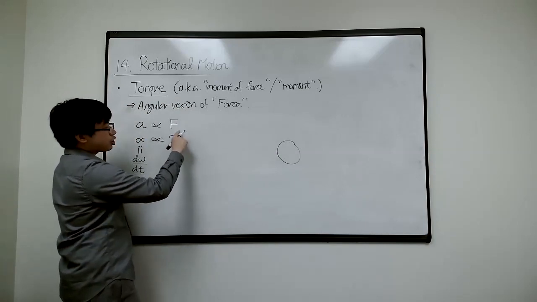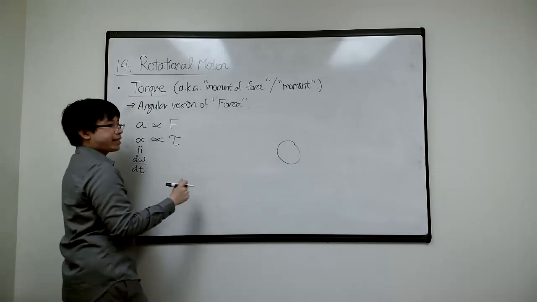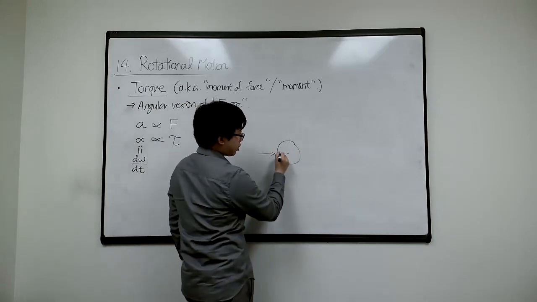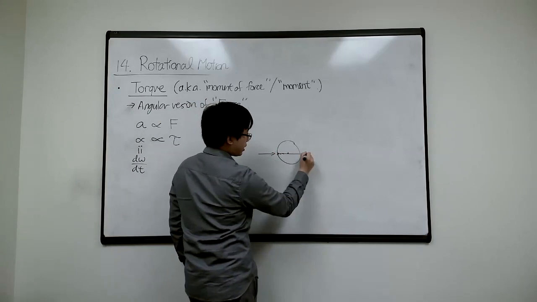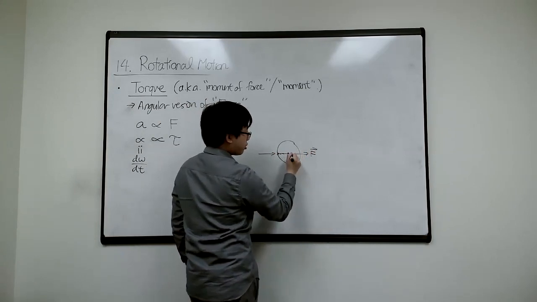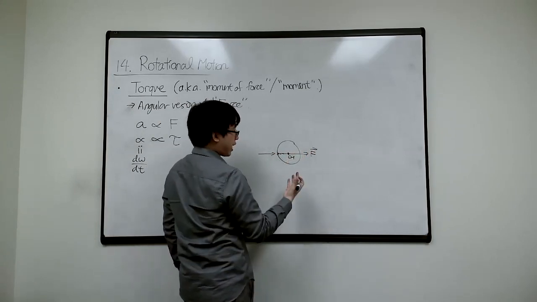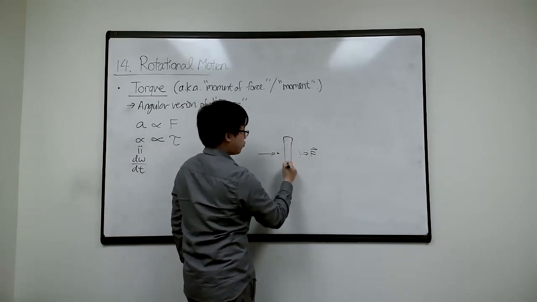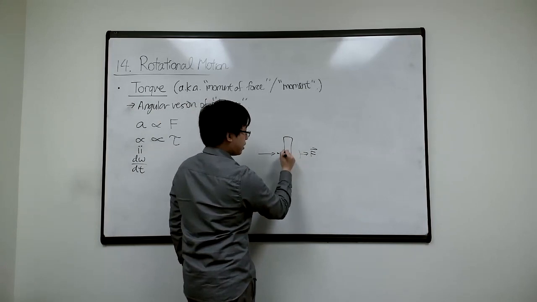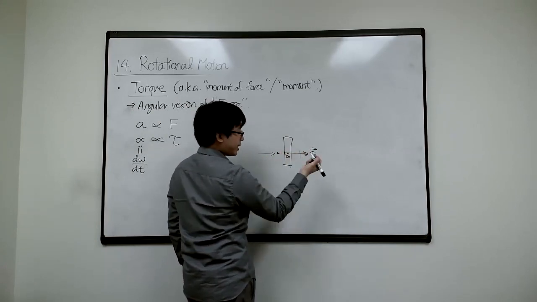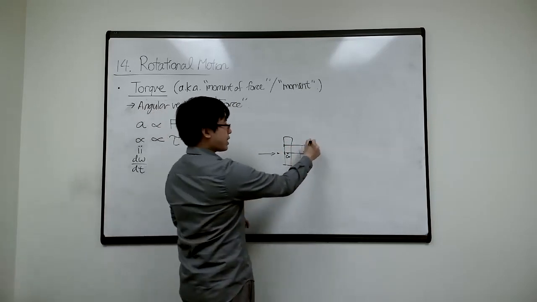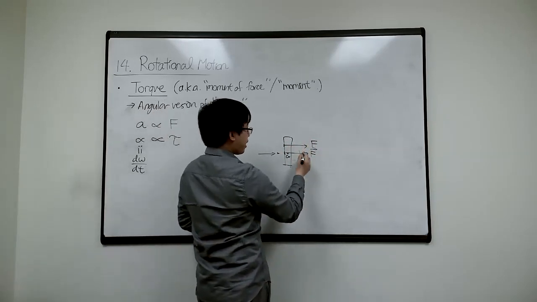This should be related to F, because if I push an object here, if you have a force that goes through the center of mass, the object will not rotate. Let's make this a rod. If you push it here, it doesn't rotate, but how fast it rotates with the same magnitude of force depends on where you push.